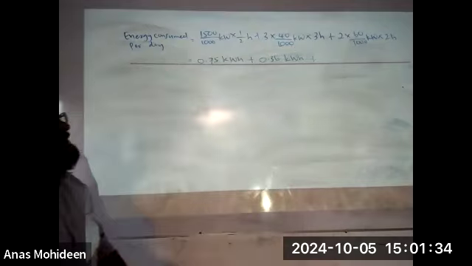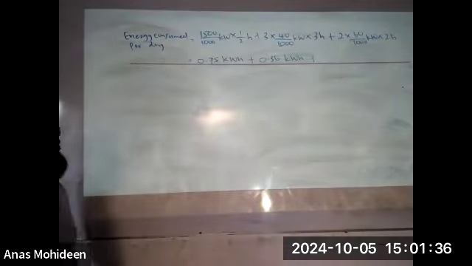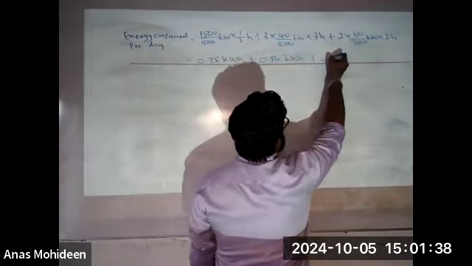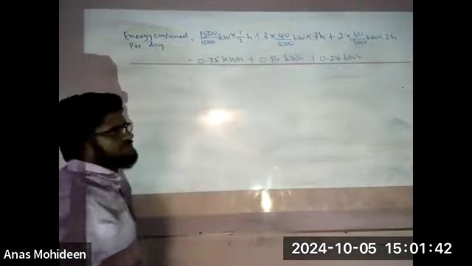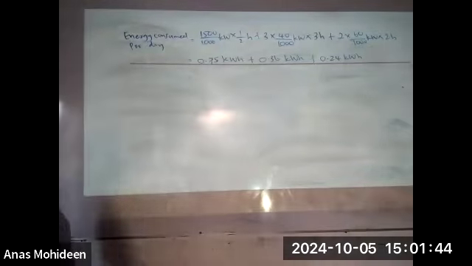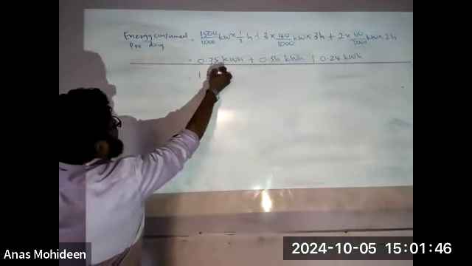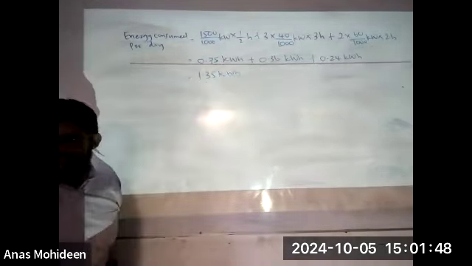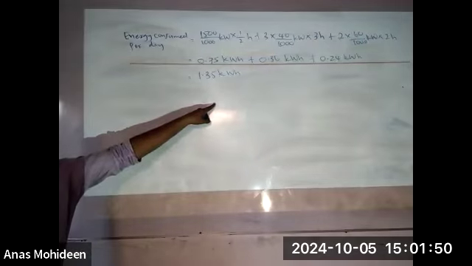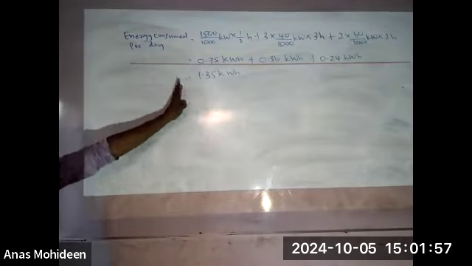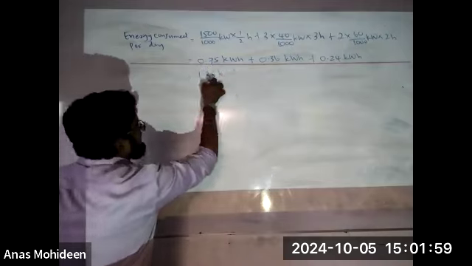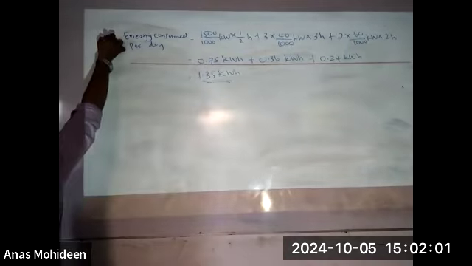Then 2 into 60, 120 over 1000, 0.12 into 2, 0.24. What is the answer? 1.35 kilowatt hours. This is for a day. What is the question asking you? Calculate the number of units used up in one day. First answer is done: 1.35 kilowatt hours.